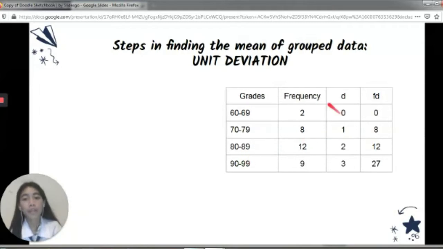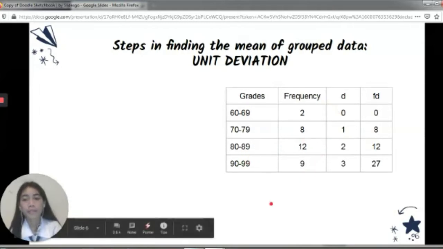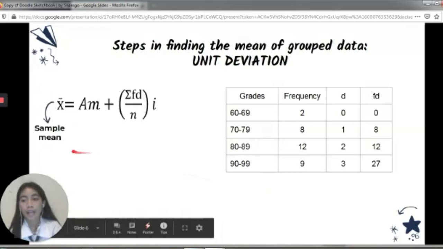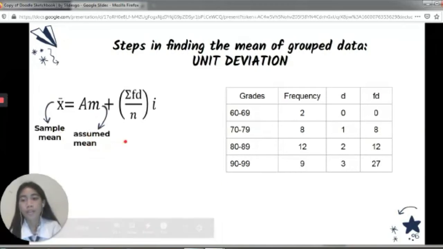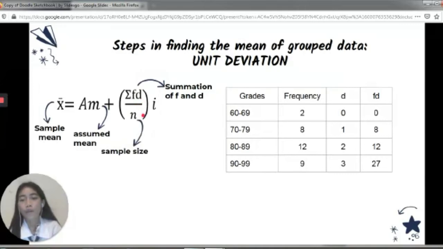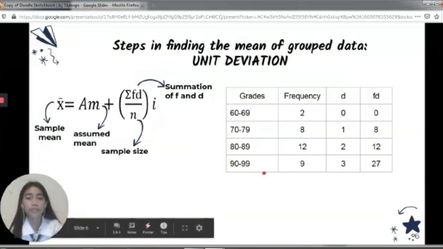May table na po tayo dito nakaprepare. Dito po, ito po yung sample mean. Ito po yung assumed mean. The summation of f and d over the sample size times the interval.